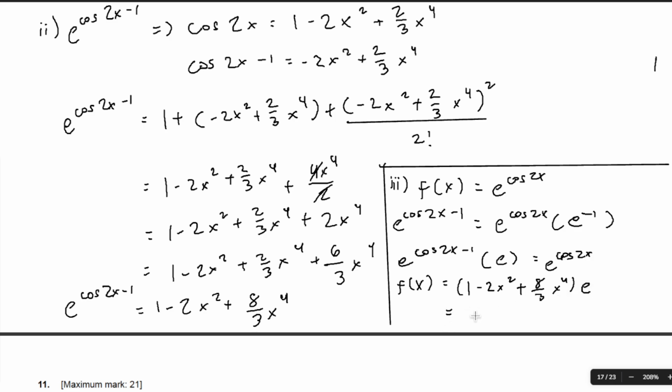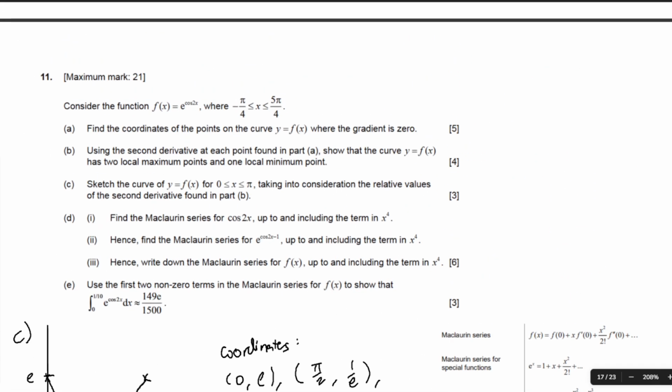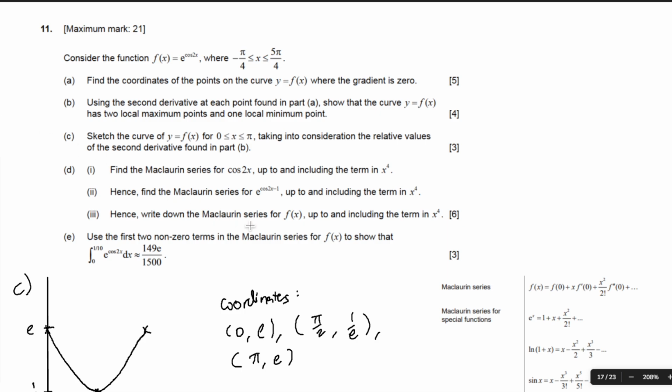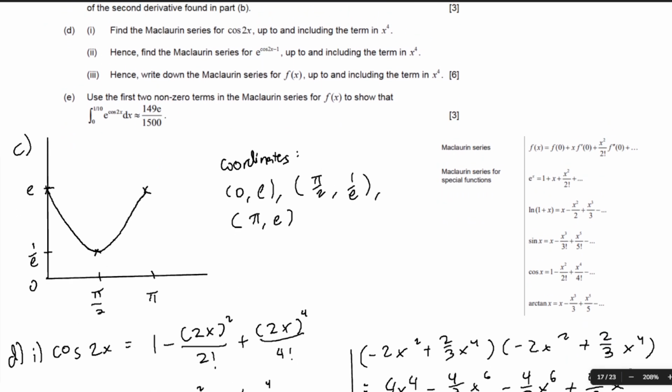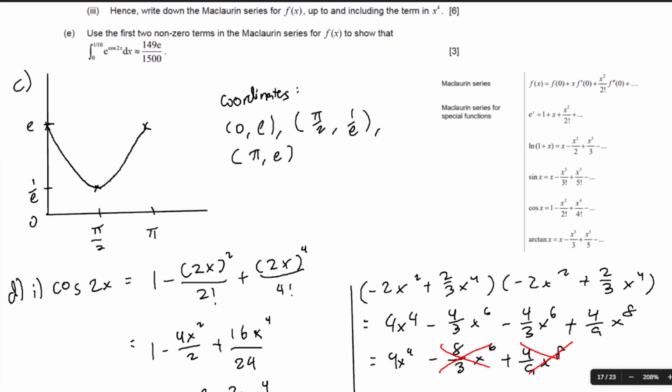So we just multiply them together, we get e minus 2x squared e plus 8 over 3x power 4 e. And that explains why you do not want to spend so much time with this, especially since it is a timed exam.